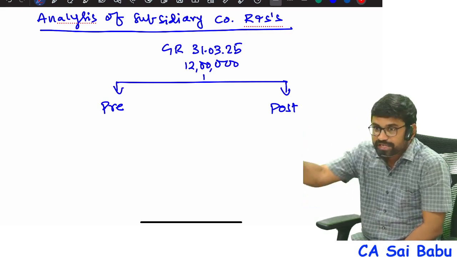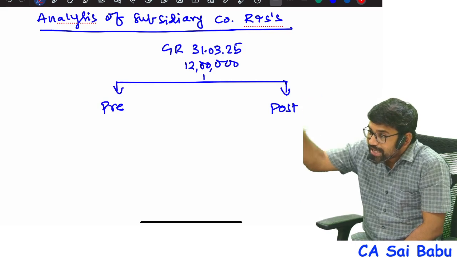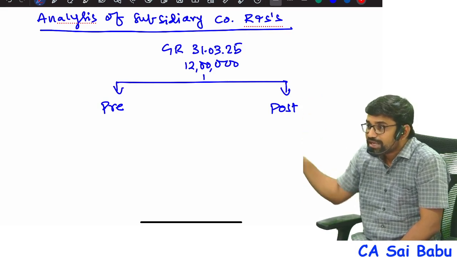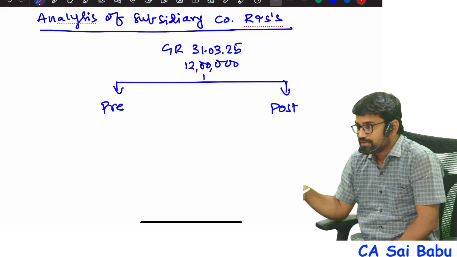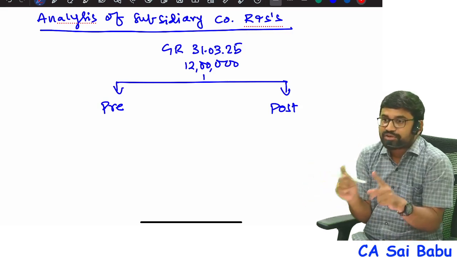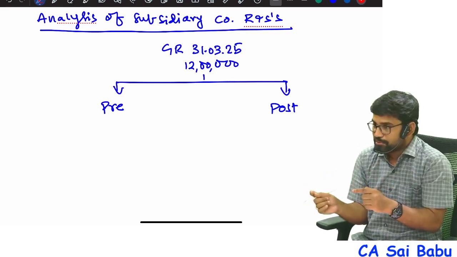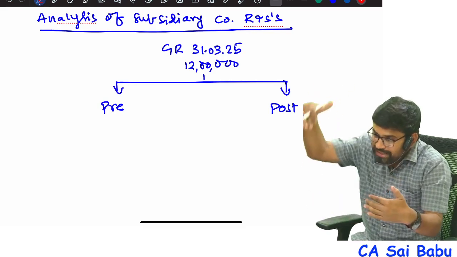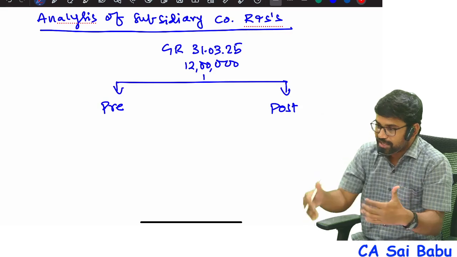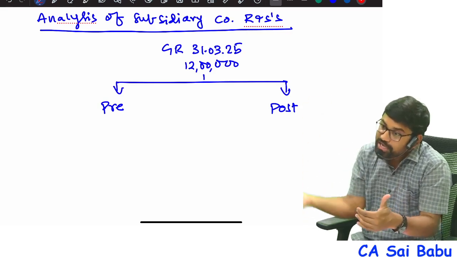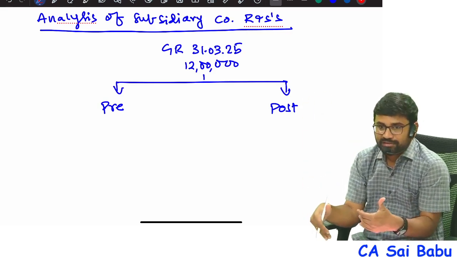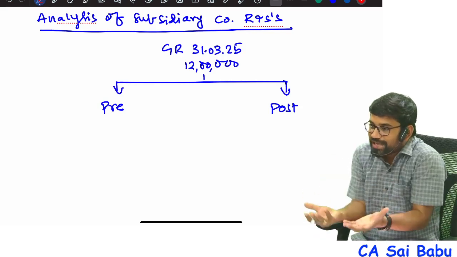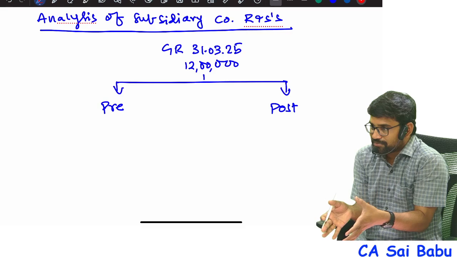Similarly, in the subsidiary company, at the time of consolidation, whatever reserves and surplus are there, I need to divide into 2 categories, pre-post. Pre means at the time I am acquiring the subsidiary company, whatever profits are already there in the subsidiary. Actually, I don't have any investment till that time.